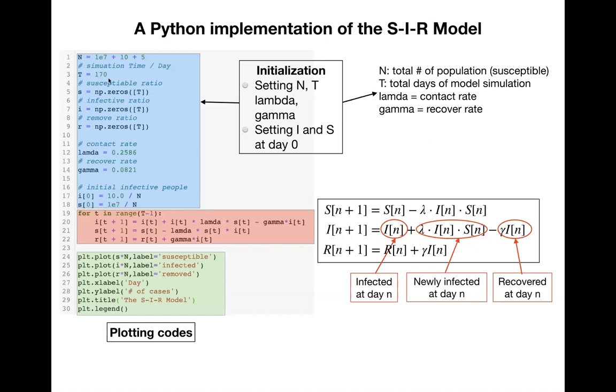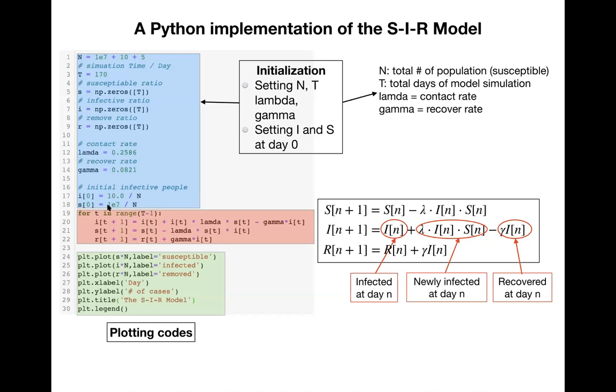I'm simulating 170 days, about five to six months. Now I'm creating three arrays with all zeros, S, I, and R. I'm using a contact rate of 0.2586 and a recovery rate of 0.0821. I'll tell you where these numbers are from. Initially infected people will be 10, so the ratio will be 10 divided by N, and the initial susceptible population will be S0, which is basically 1 in this case.